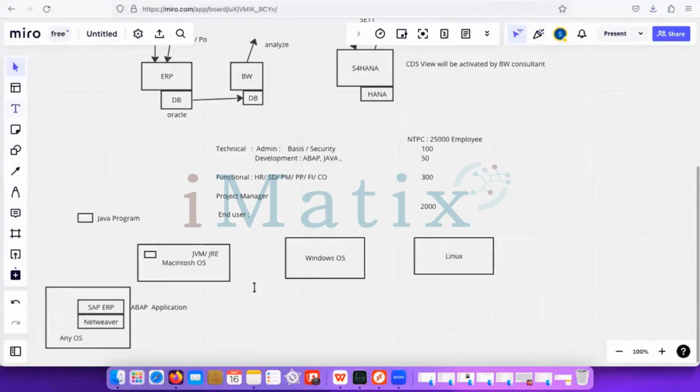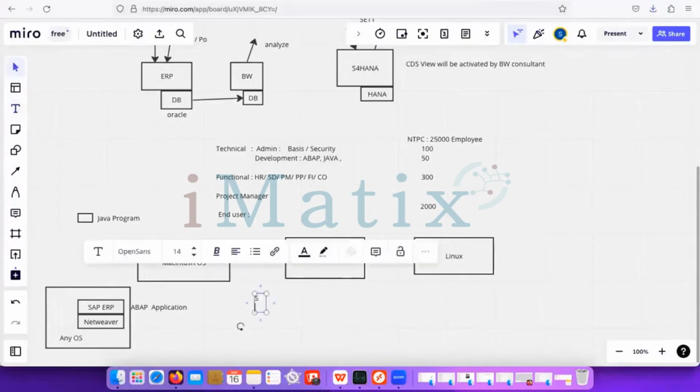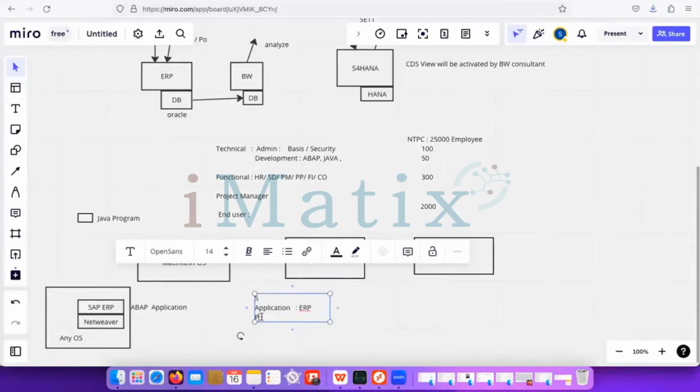As I told you, S means system, A means application, and P means product. Are you able to see the application? What is application? P means product.